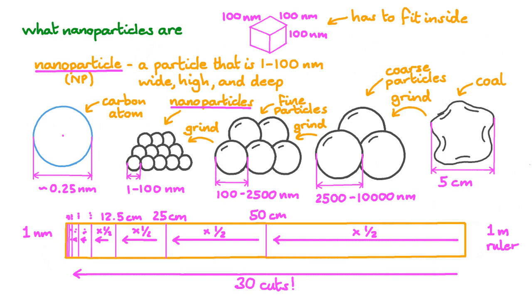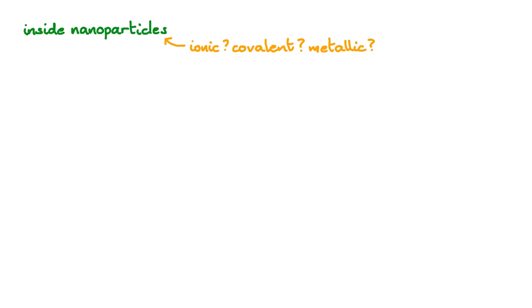The next thing we're going to look at is how many atoms or ions you might find in a nanoparticle. There are many types of nanoparticle, and some of them have very unusual structures. As particles get smaller, the atoms or ions don't fit together quite as well as they do when the particles are bigger. To keep things simple, let's look just at metal nanoparticles.